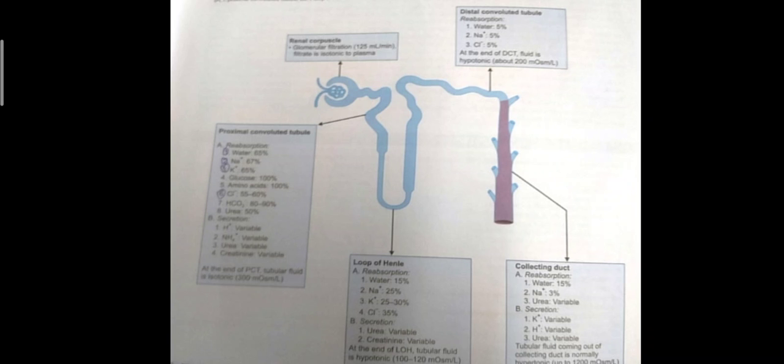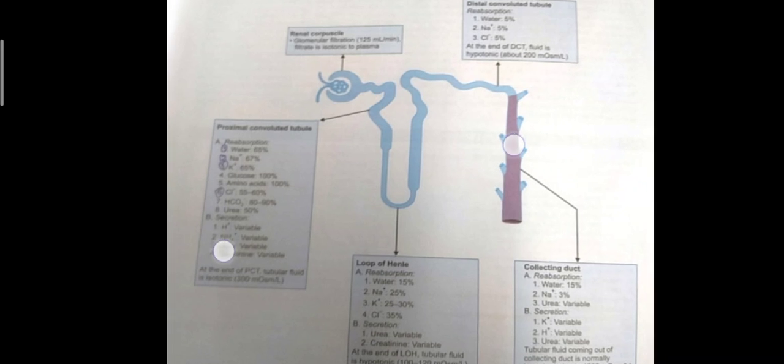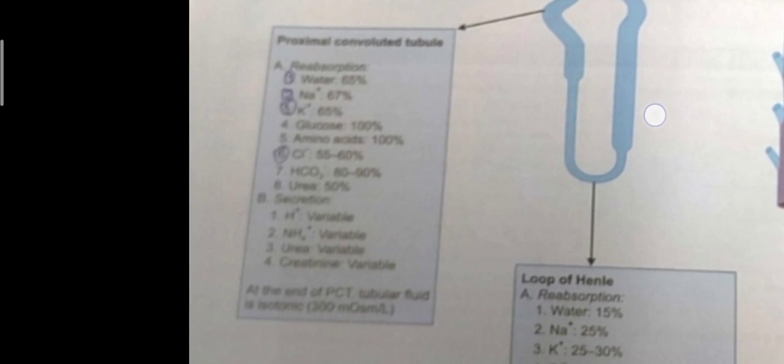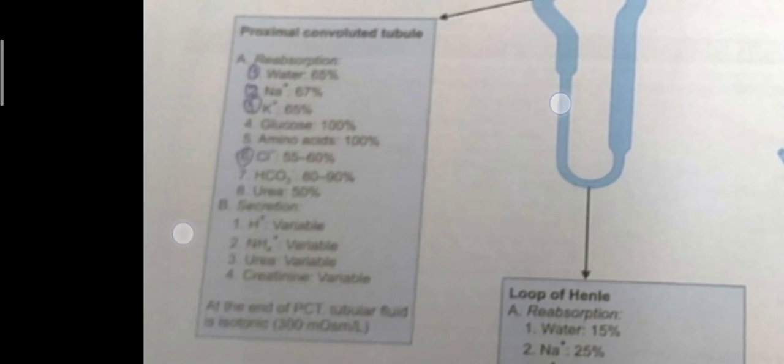So it is clear from this diagram what substances are absorbed and secreted in each part of the tubule.